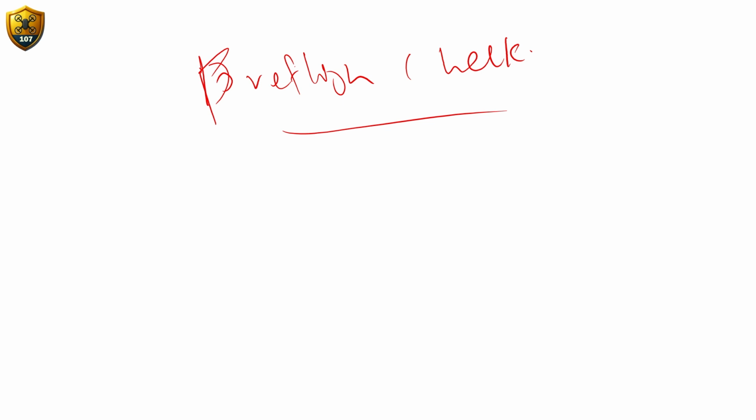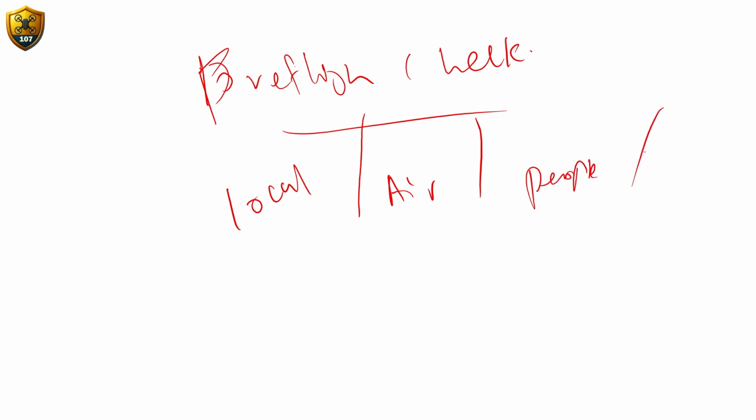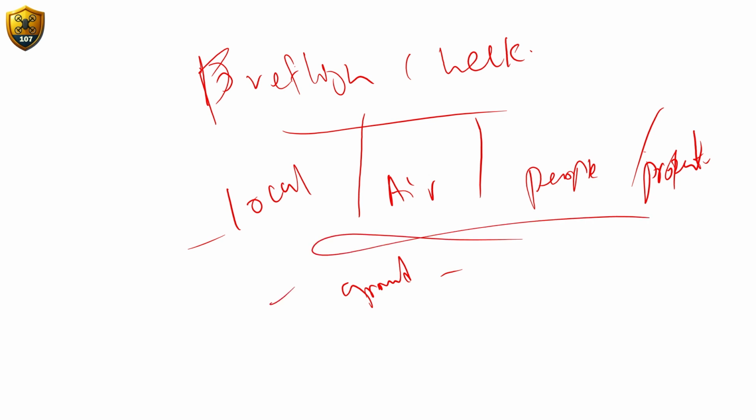So you have to check the local weather conditions, airspace, and also flight restrictions, the location of people around you, and property around you. There are a lot of things that we need to consider on property, and also ground hazards, what's in your way. You have to be aware of everything around you so that you can operate the drone safely. In the upcoming videos we will go into the details regarding these things.